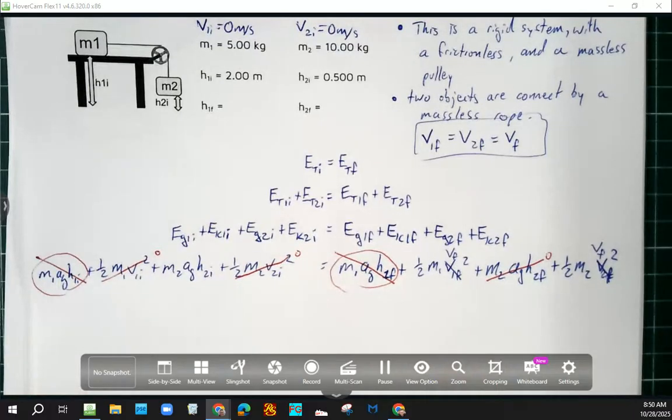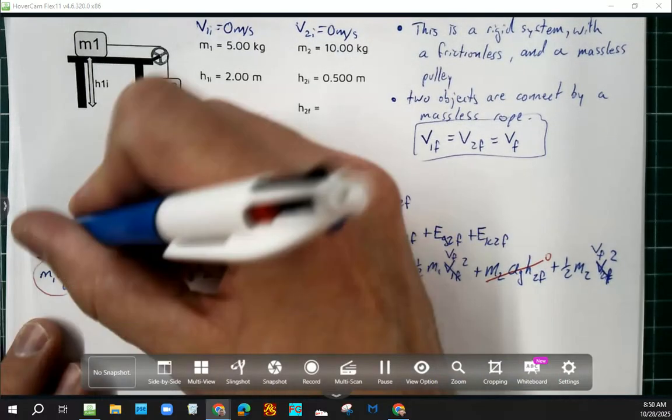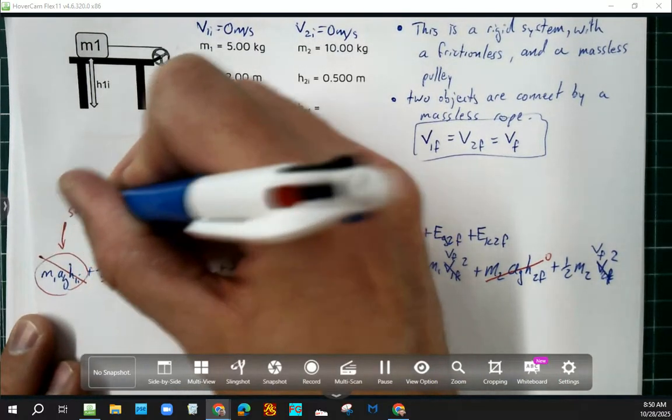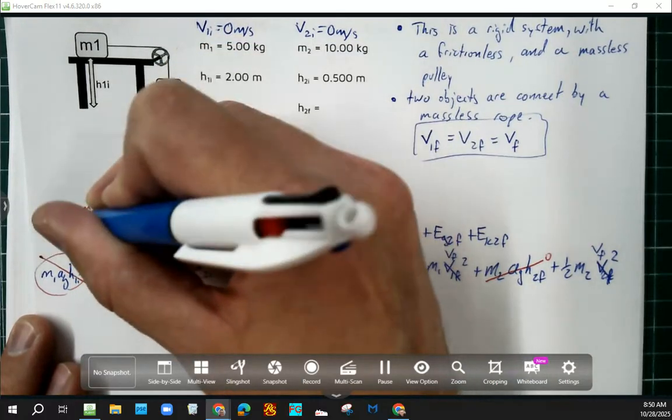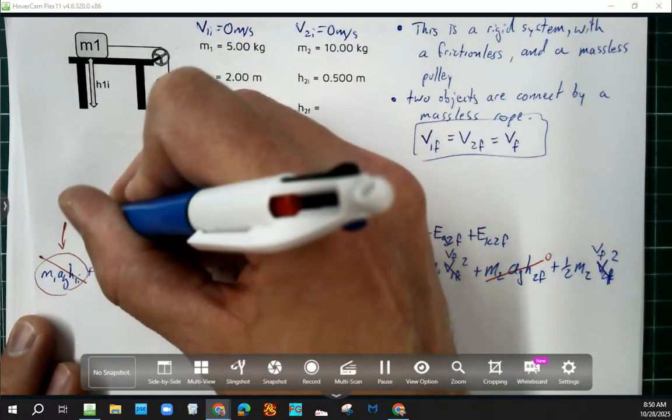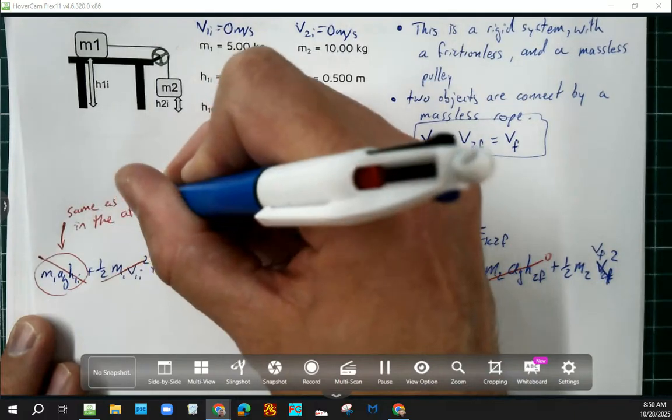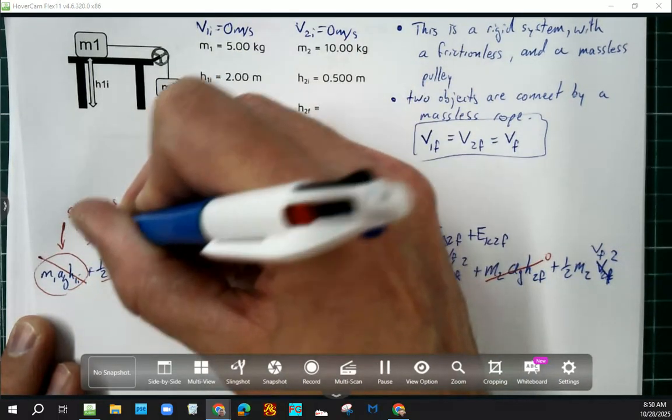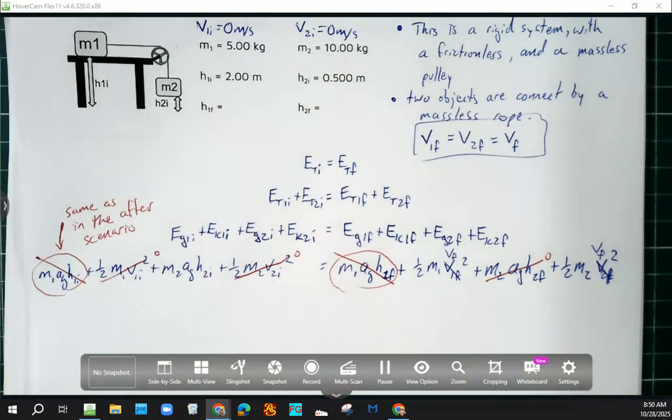It's just the same as on the right-hand side. Maybe I'll make a little note to myself. Same as in the after scenario. Okay, so it's the same values in the after scenario. That's why we're getting rid of it, not because it's truly 0. So I haven't put 0 at the end of my stroke because I'm trying to make it so that I can understand what's going on here later.